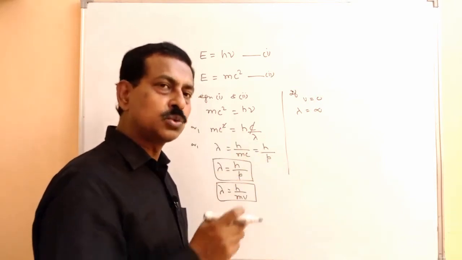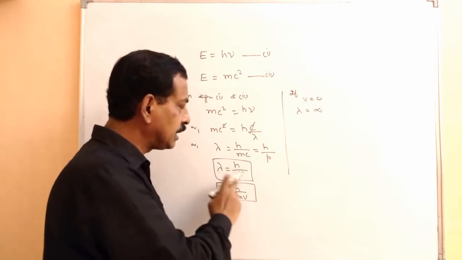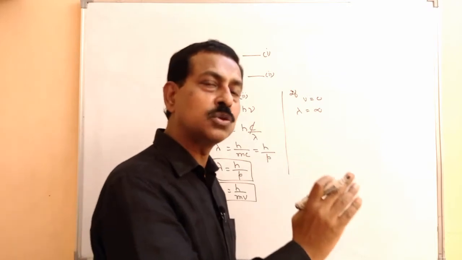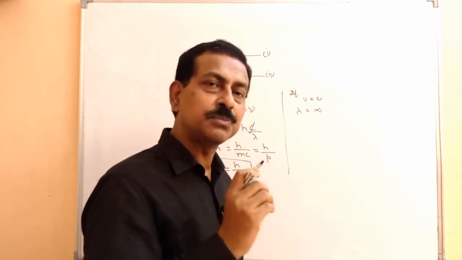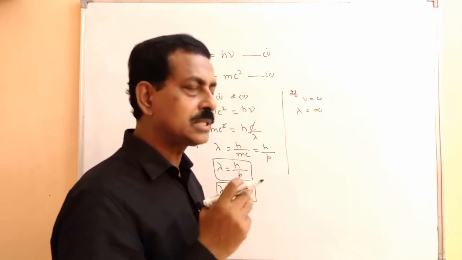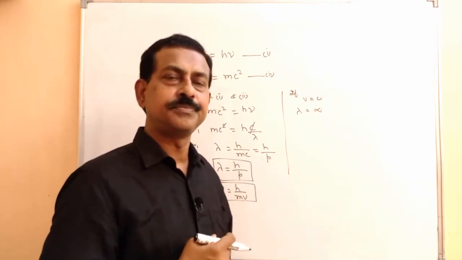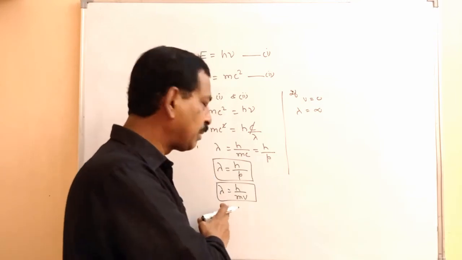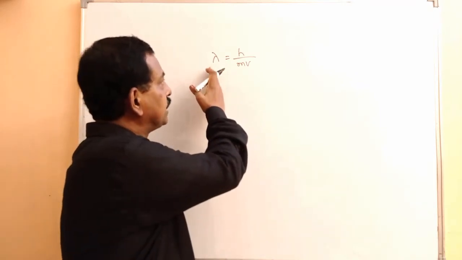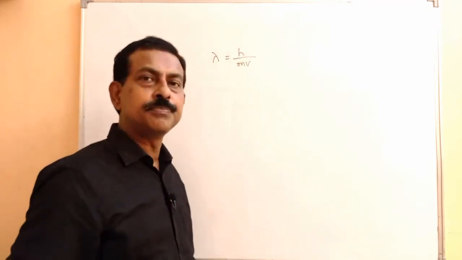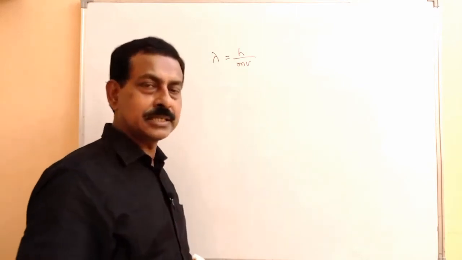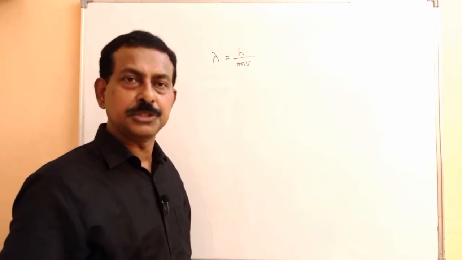So it is not the same as electromagnetic waves, and such waves were called matter waves. So this is the matter wave, whose wavelength we have shown by the de Broglie relation, lambda equals h by mv, associated with material particles moving with a certain velocity v.